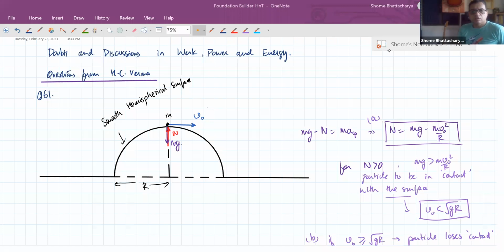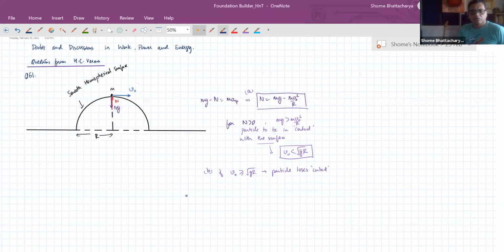Okay. Now see, in the next thing what we are doing is, if the speed at the top, if v naught is equal to half the minimum value in part B, that is v naught is half of root gr. Okay, so that's the C part.